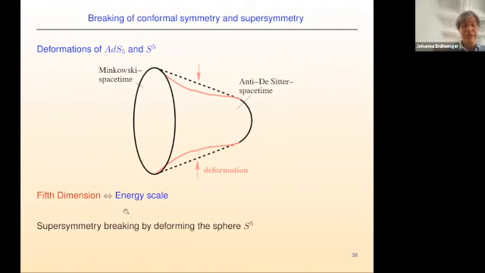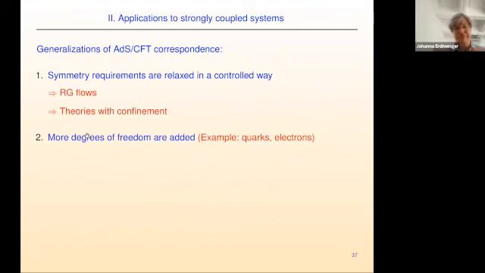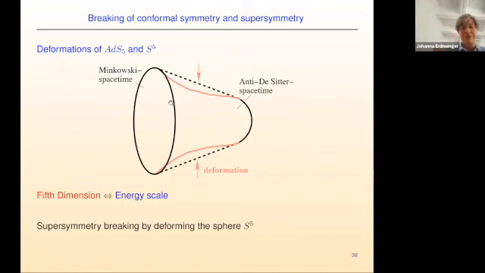Okay, so let me give you a brief impression of how this is done. First of all, we have to have this RG flow and we want a theory with confinement. And so just very pictorially, remember, the black object was my cartoon of an anti-de Sitter space.